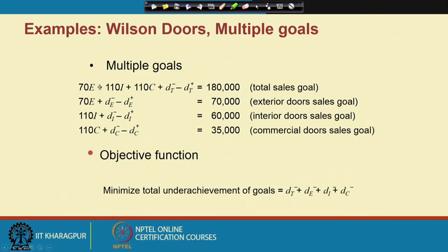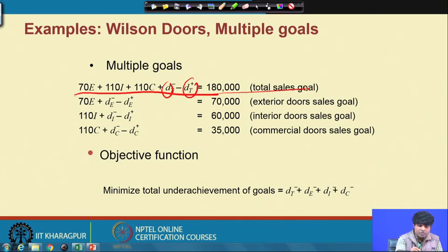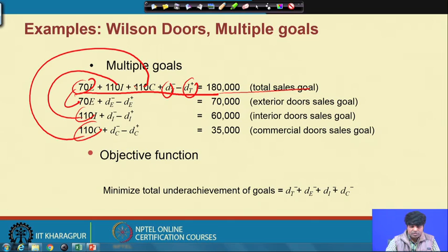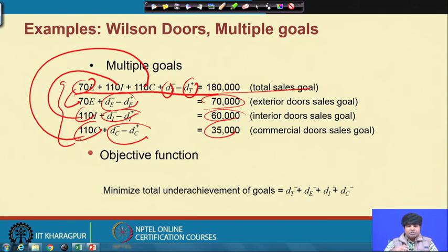The multiple goals will be like this, corresponding to the total sales, the underachieved and overachieved amounts, equal to 1,80,000, and then with respect to x 1, this is with respect to x 1, 70, this is with respect to the second, and this is with respect to the third. These are the underachieved and overachieved targets with respect to the requirement. So, we have fixed, that means technically these are all 4 different constants now to be added into the process.